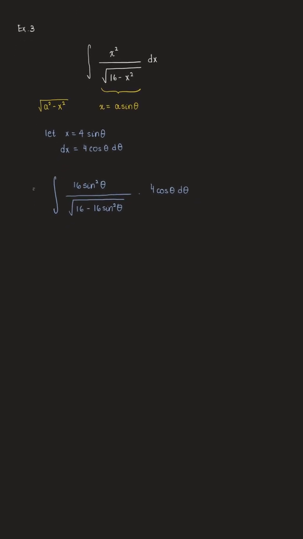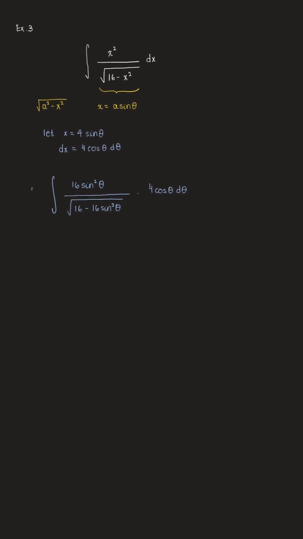Okay, as you know, I like to work on the square root a little bit separately, and then we'll put it back in. So we're going to do the same thing that we've done in the last few problems. We'll factor out a 16, and then we have left 1 minus sine squared theta, which is a Pythagorean identity, probably the best known Pythagorean identity. So 1 minus sine squared theta is equal to cosine squared theta.